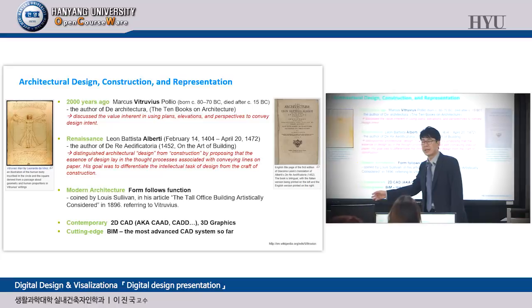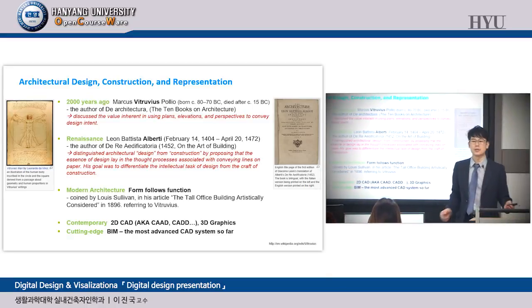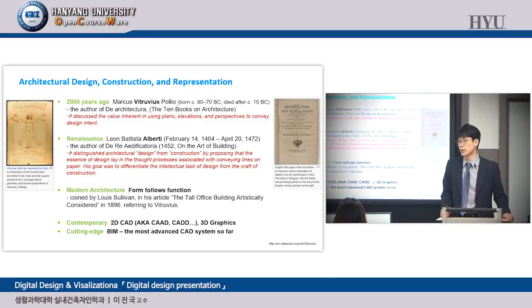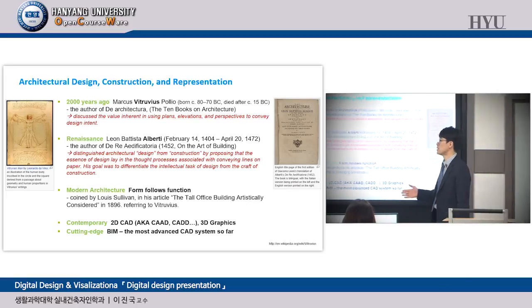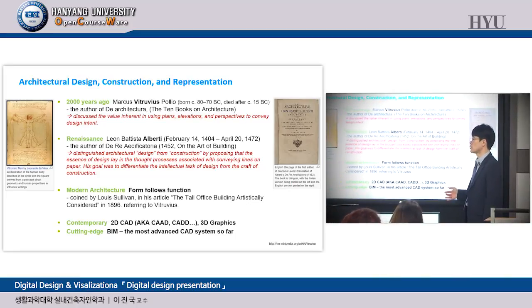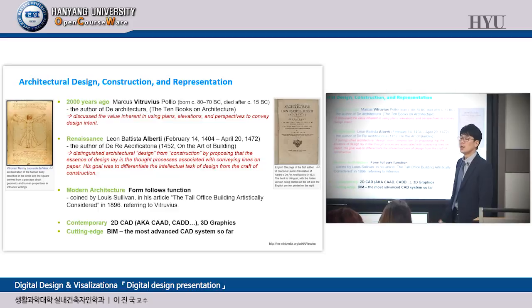So compared to several thousand years of human history, how long have we been using computers? Just 30 years, 40 years, okay? But in those 40 years computers have changed almost everything.